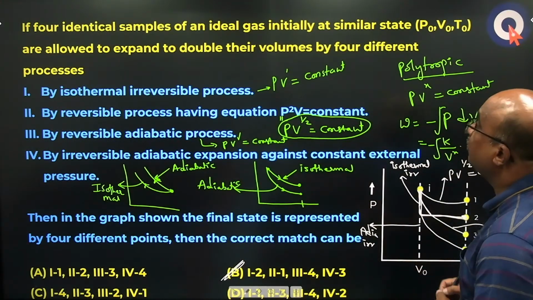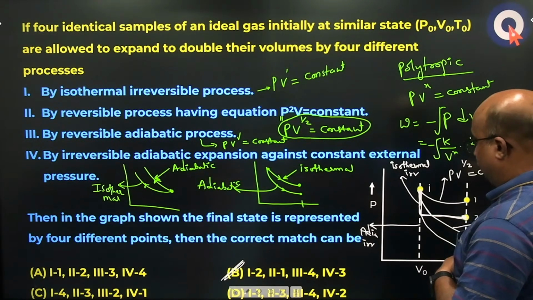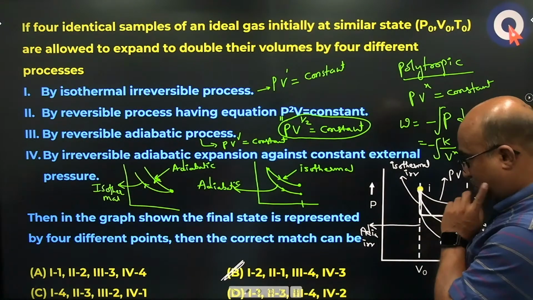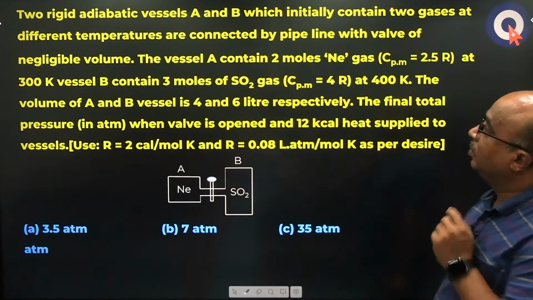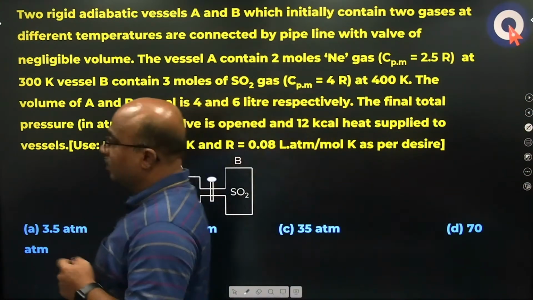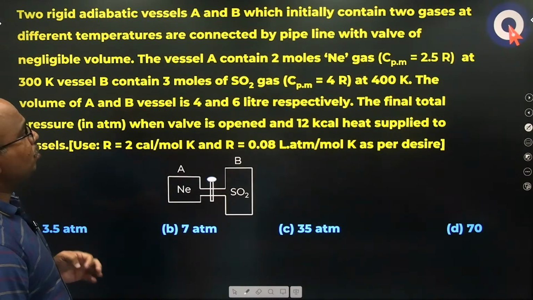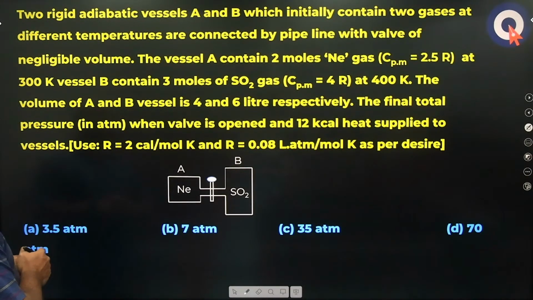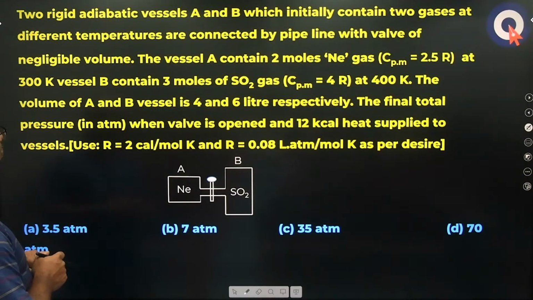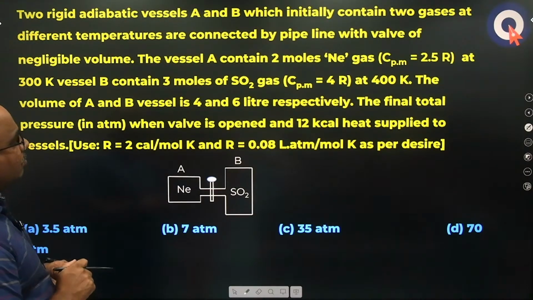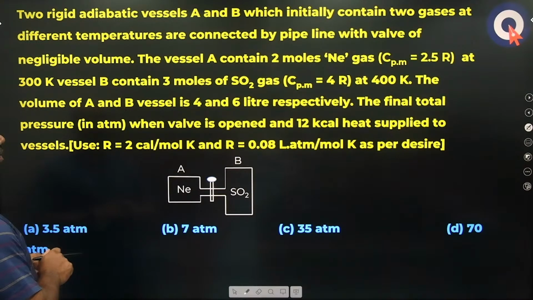Let us see the next thing. Two rigid adiabatic vessels A and B, which initially contain two gases at two different temperatures, are connected by a pipeline with a valve of negligible volume. Vessel A contains 2 moles of neon gas and vessel B contains SO2 gas.